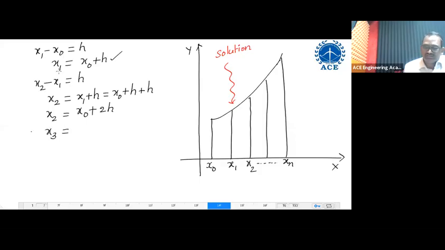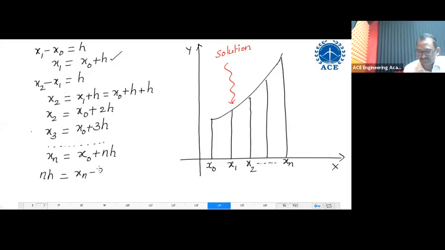Similarly, x1 is equal to x0 plus 1h, x2 is equal to x0 plus 2h, x3 is equal to x0 plus 3h, x4 is equal to x0 plus 4h, xn is equal to x0 plus nh. So from this, nh is equal to xn minus x0, so h is equal to (xn minus x0) by n.